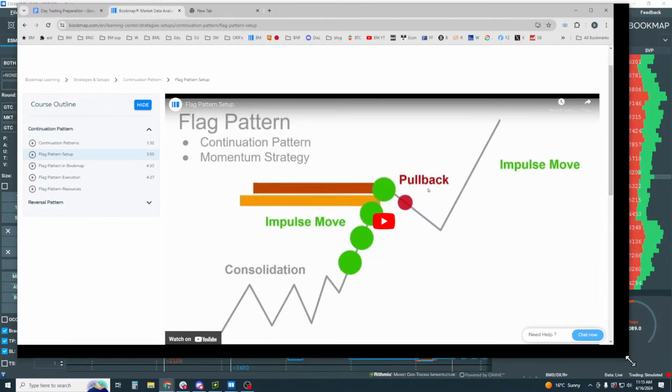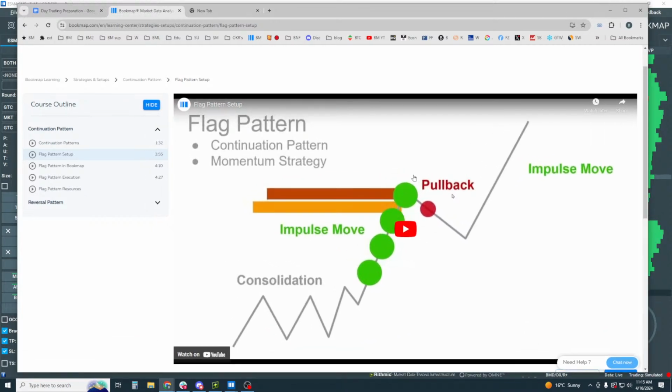You've taken these concepts and understanding it's not so much about the name and the flag or this or that, but it's about the impulse move, the liquidity, and the pullback in here being shallow and on low volume. And then you've taken your three setups, and you're becoming a master at understanding all of these things and all the different variations in them, because you understand the volume, the price structure, and the order flow.